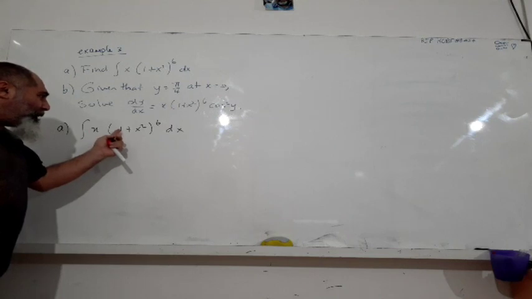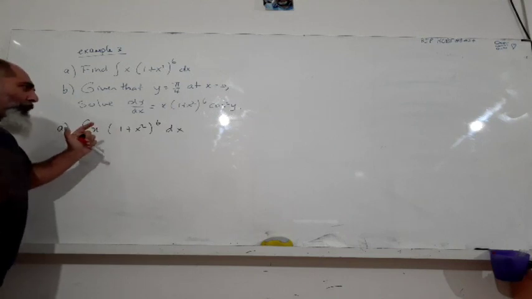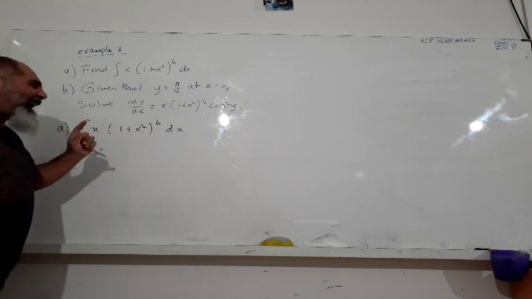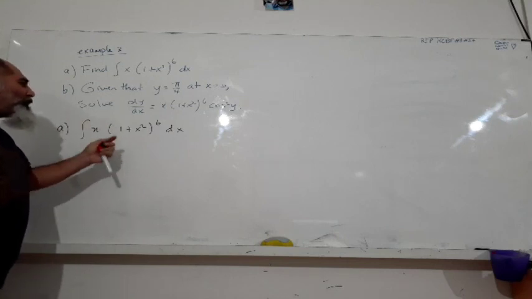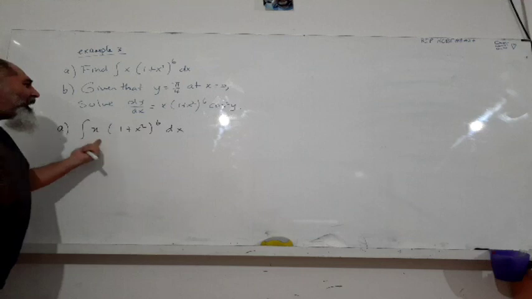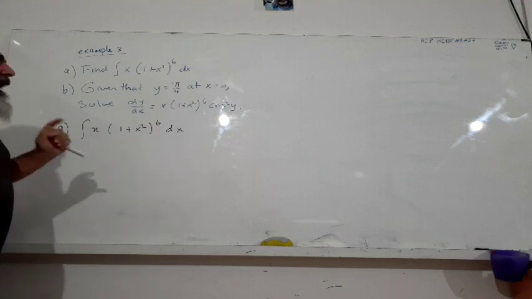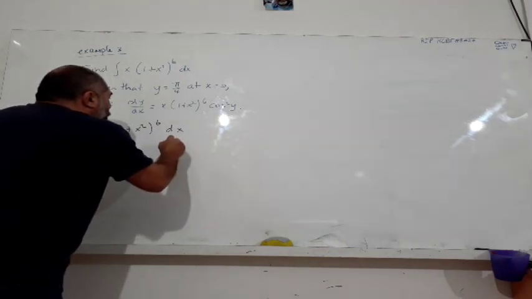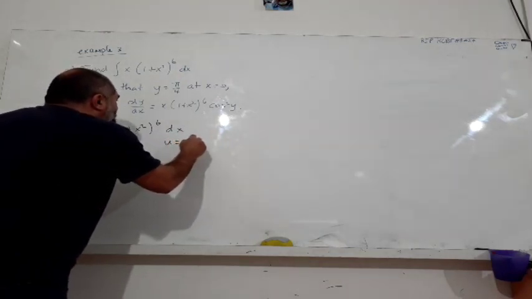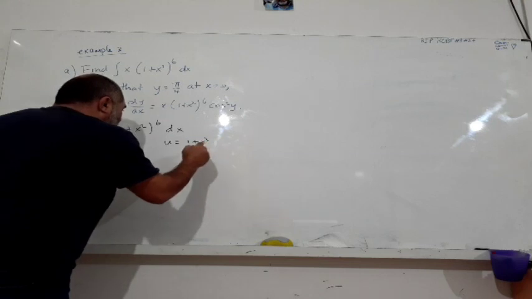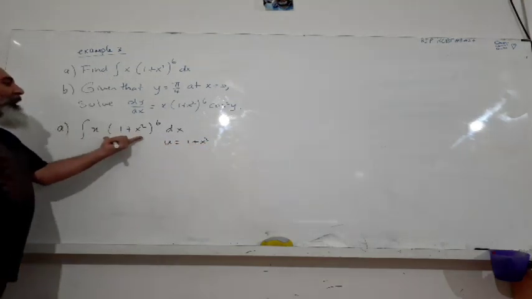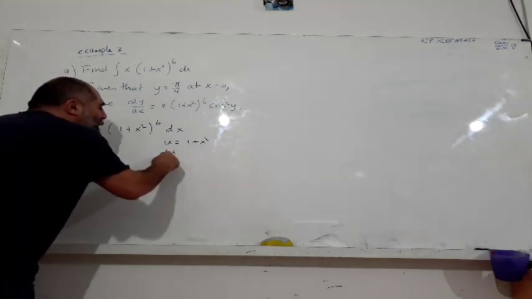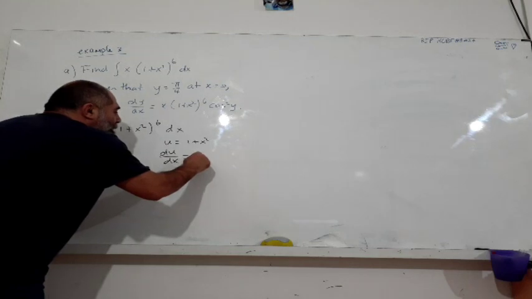So I prefer substitution here. I am going to use u is equal to 1 plus x squared as a substitution. Let's see how. du over dx becomes 2x, and du is equal to 2x dx.